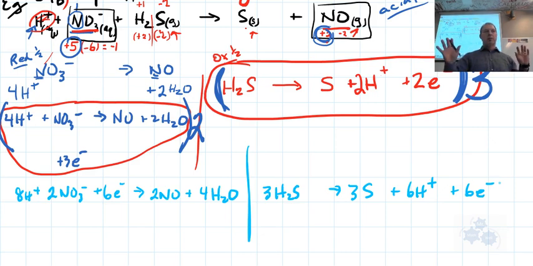So the electrons are on the opposite sides. You're doing things right. Now the number of electrons are equal. So now we can go ahead and add the equations. And I like to add the equations one on top of the other. So if you want to just rewrite one, put it underneath, make the arrows line up a little bit, that would be a good idea.